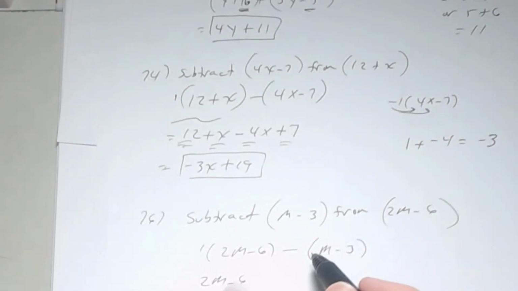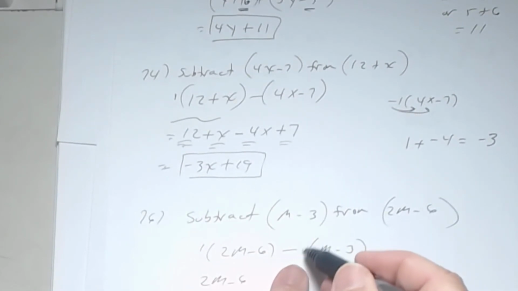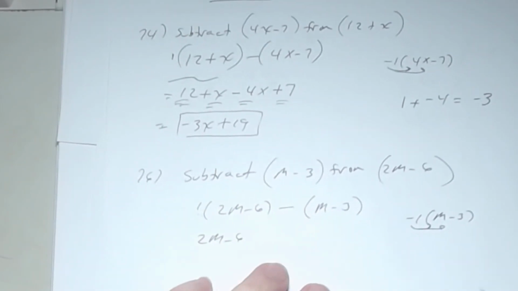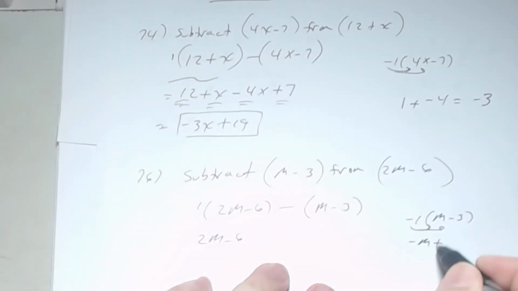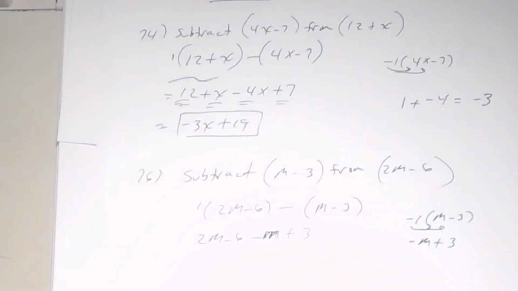Now over here, I'm going to go ahead and rewrite this. This right here is understood to be a negative 1. So there's a negative 1 times m minus 3. And then distribute, what do you get right here? Negative m plus 3. So this is negative m plus 3. Okay? So put them in parentheses if you need to.